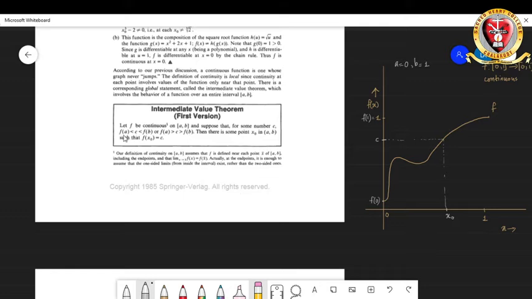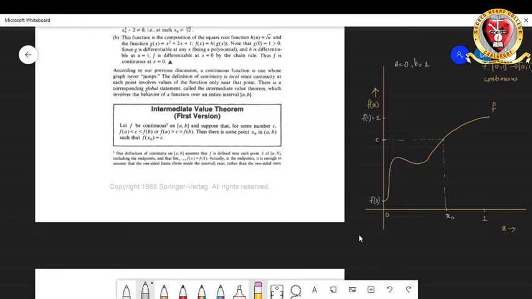That is, either f of a is strictly less than c strictly less than f of b, or f of a is strictly greater than c strictly greater than f of b. Then there is some point x naught in the open interval (a, b) such that f of x naught is equal to c.